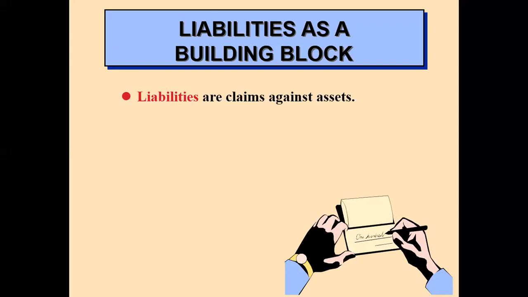So this bank loan we call a liability. So if you purchase the bike, in your bike there is some other person's claim, the bank's claim, because there is bank money. So that we call liabilities.